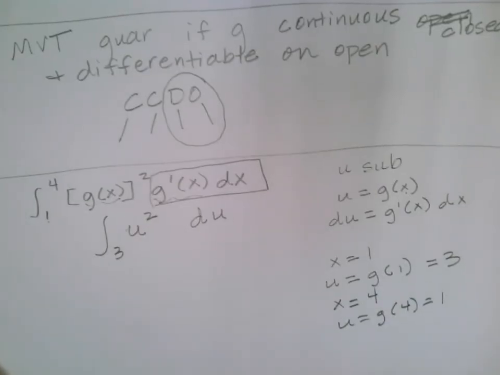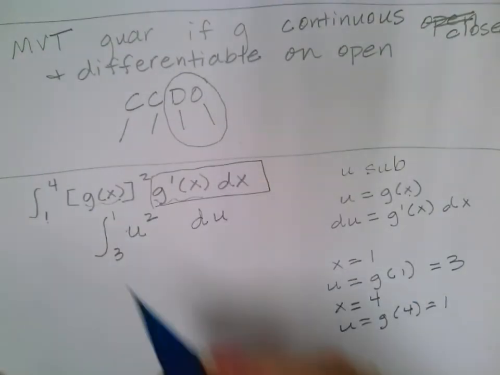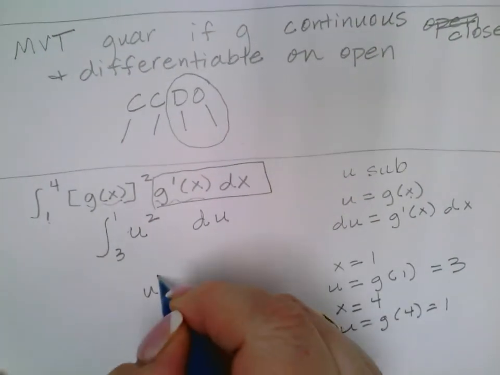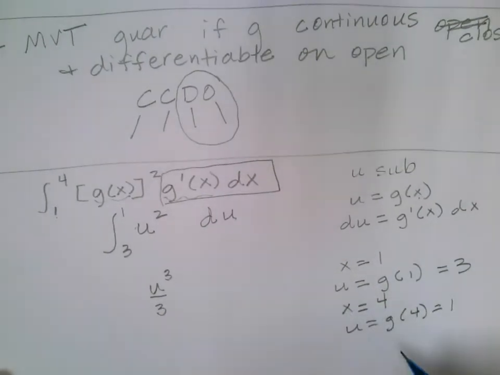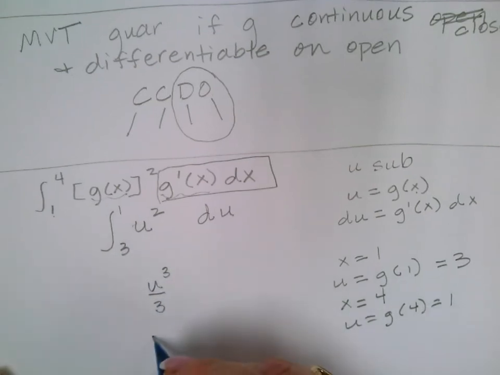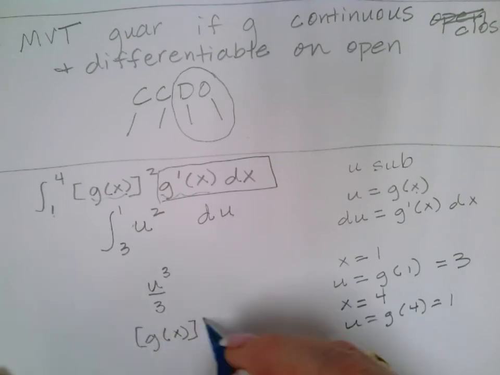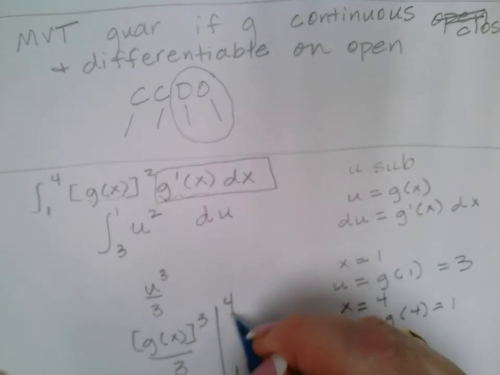Now, another way that you can do this is you can go ahead and just integrate the U, but then before you evaluate it, you can go ahead and substitute the U back in. And then you can evaluate it at your original bounds of integration.